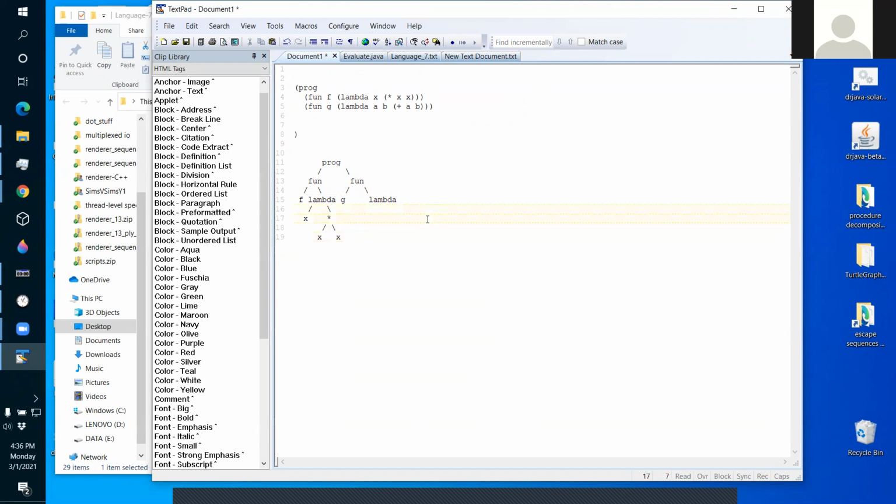Okay, and over here, the g has this lambda, and this lambda's got a parameter a, parameter b, and then a body, which is a sum of a and b.